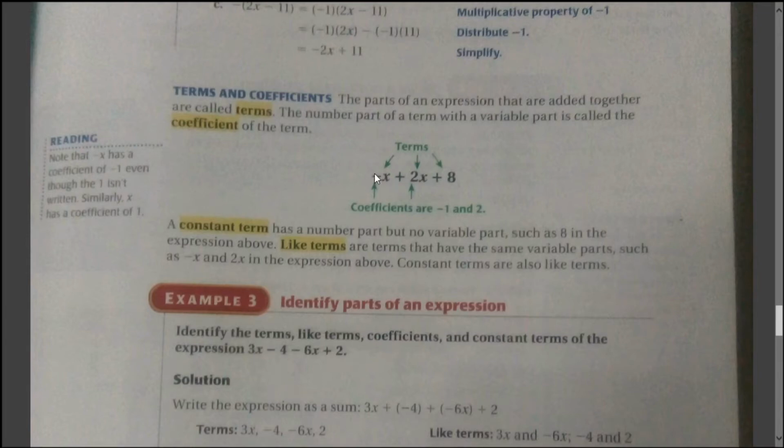So negative x is a term, 2x is a term, 8 is a term. Coefficient is any number in front of a variable. Constant term is the number that has no variable with it.